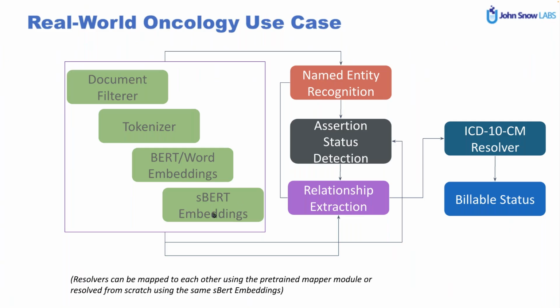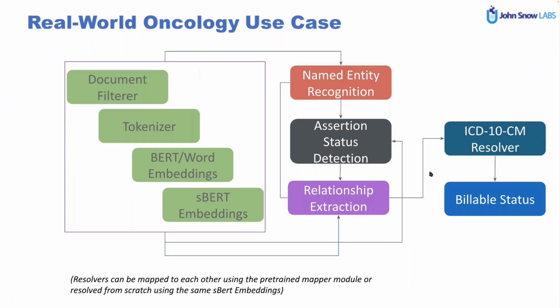So we use the expert embeddings, and after getting the word embeddings, we send them to the NER model to extract entities like body part or oncological entities. Then we send those extracted entities to the assertion status detection model, just the oncological ones, because it doesn't make sense for body part entities to have a negation status, right? And then we will check the relationship between the body part and the oncological entities.